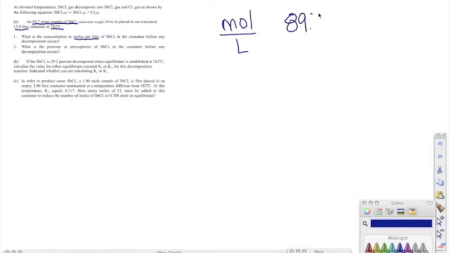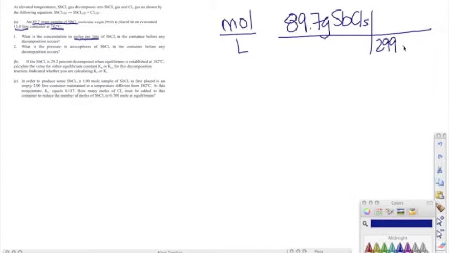So 89.7 grams of SbCl5. And like I said, they were nice enough to give us the molar mass. So 299 grams of SbCl5 are contained in every mole of SbCl5. And then they told us that we had a 15-liter container. Since we want moles over liter, our grams of SbCl5 are going to cancel out.